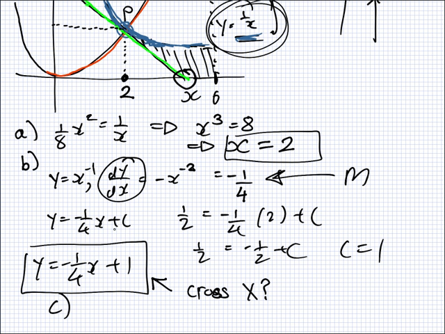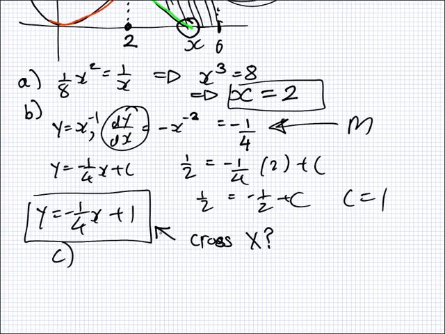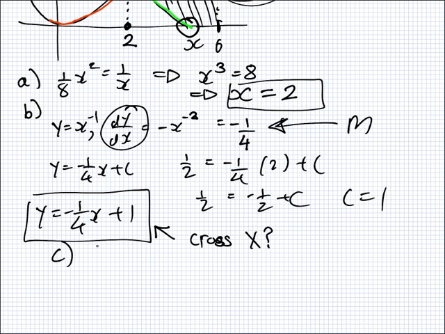How would you get it? You would solve y equal to 0. But I think you're right, Savvy. Because they gave you the point, you might as well use it. So if we sub in 4 and 0, it should be true. So y is 0 and x is 4. Is this equation true? The answer is yes, because it's minus 1 plus 1.